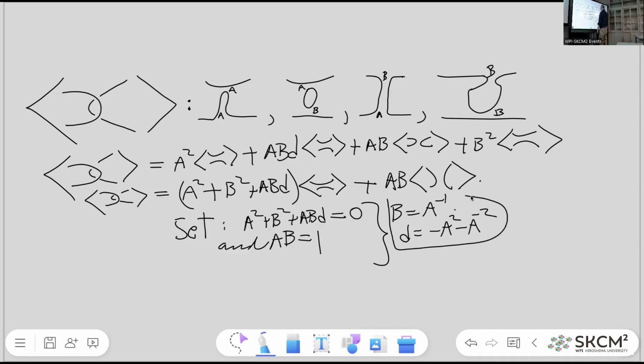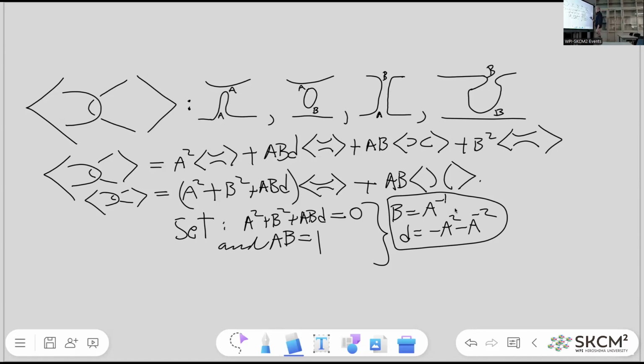So now I have this peculiar looking substitution of values for B and A. B is equal to A inverse. D is this very special value in terms of A and A inverse.